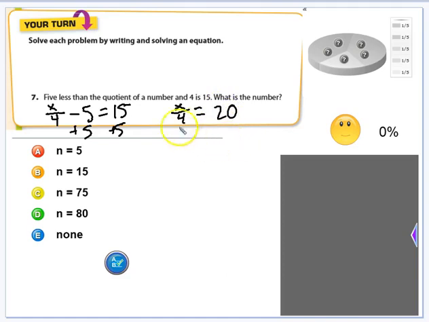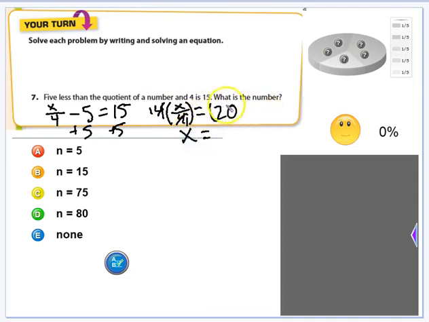So since this is division, I must do the opposite and I must multiply by 4. 4 times x is 4x divided by 4 is 1x. Or I can cross out the 4s and make them both 1s. Then it's just x by itself.